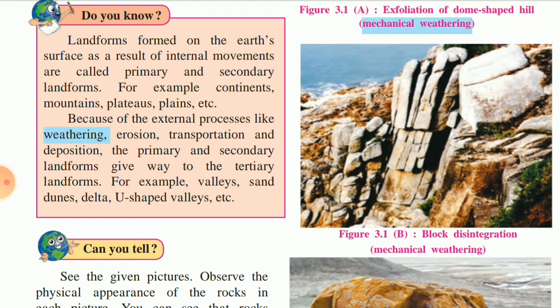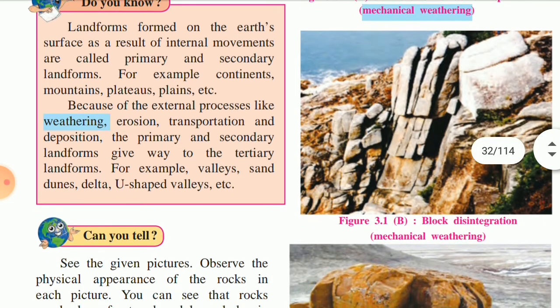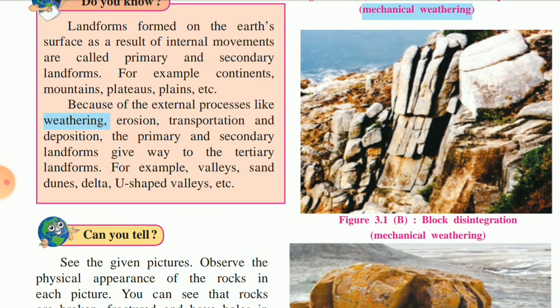These landforms are processed by weathering, erosion, transportation, and deposition, and then tertiary landforms are created. Examples of tertiary landforms: valleys, sand dunes, delta, U-shaped valley, etc. All these we are going to study now. So let us move further.